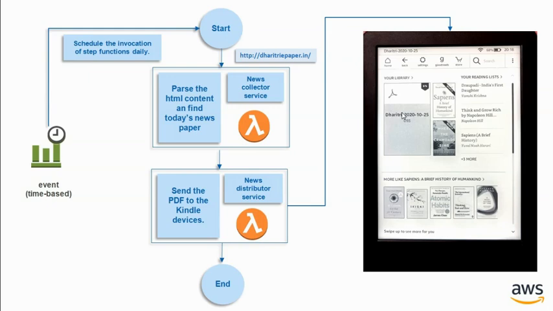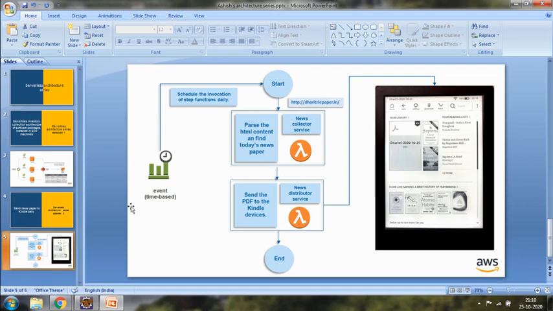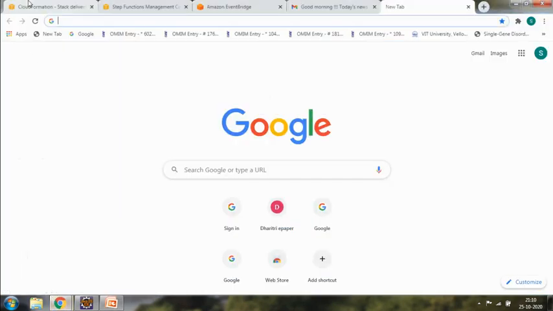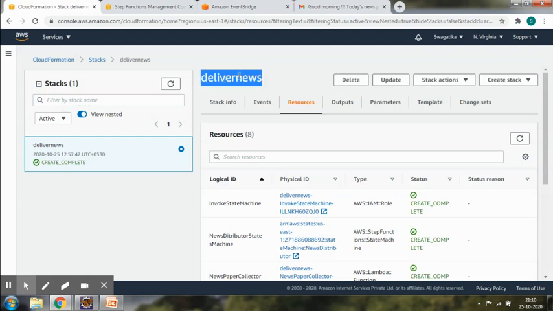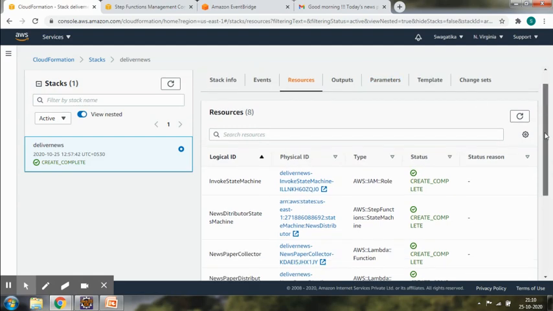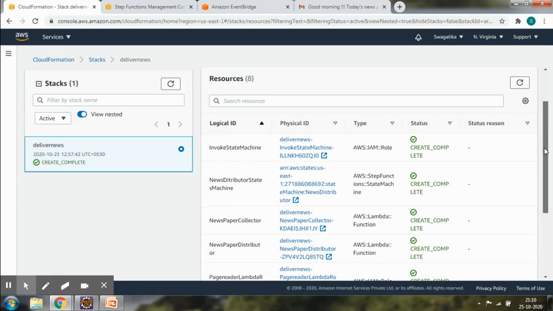Okay, so now we will look at the actual flow of this architecture, and I have coded everything in CloudFormation. I have used the CloudFormation service of Amazon. So as you can see, this is the CloudFormation template, deliver news, and it has a couple of resources.